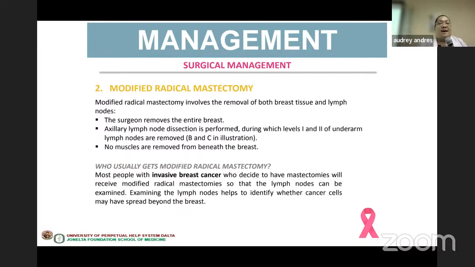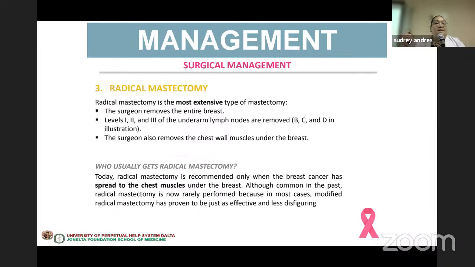Okay. Your modified radical involves the removal of both breast tissue and lymph nodes. It removes the entire breast plus the lymph nodes, and no muscles are removed from beneath the breast. So if it's invasive, you do your modified radical mastectomy. And your radical, the difference is that the surgeon also removes the chest wall muscles under the breast.